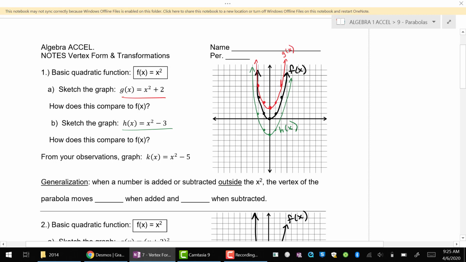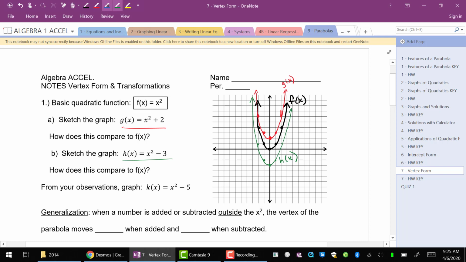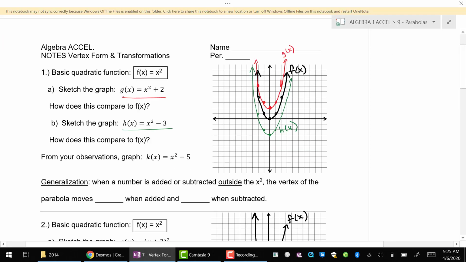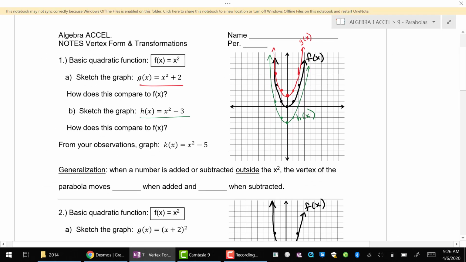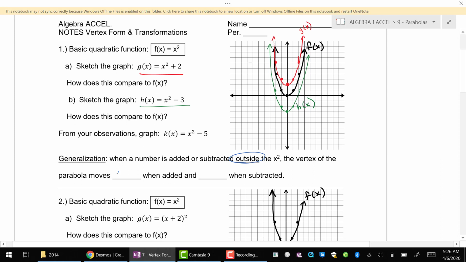Now I'm going to skip down here to the generalization because we saw some of the animations on Desmos kind of help us draw these conclusions. Generalization, when a number is added or subtracted outside of the x squared, and that's actually a key idea, then the vertex of this parabola is going to move up when added, write the word up, when added, and then down when subtracted.